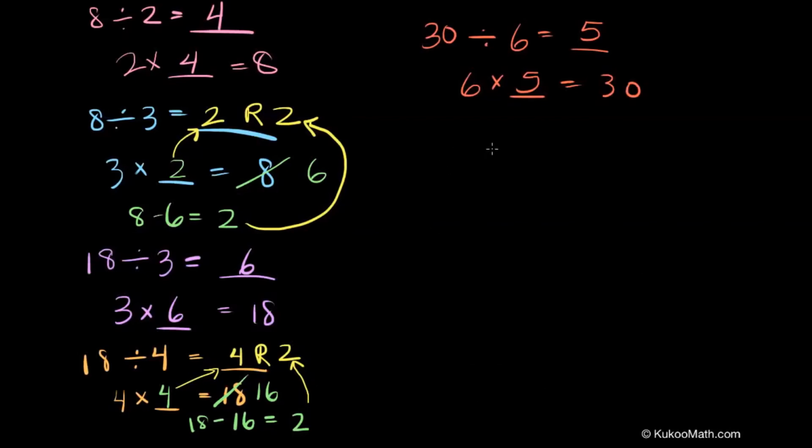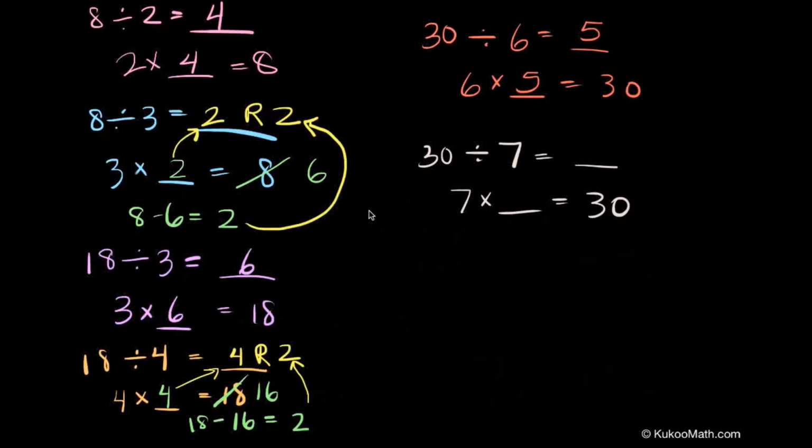Now let's try 30 divided by 7. The multiplication problem that goes along with this is 7 times blank is equal to 30. And it doesn't divide equally, so we're trying to find a number multiplied by 7 that gets as close to 30 as possible without going over it.